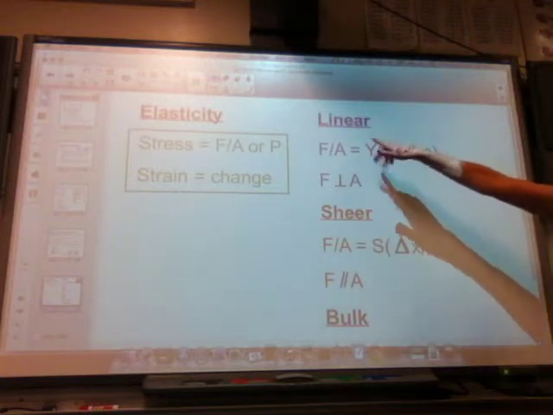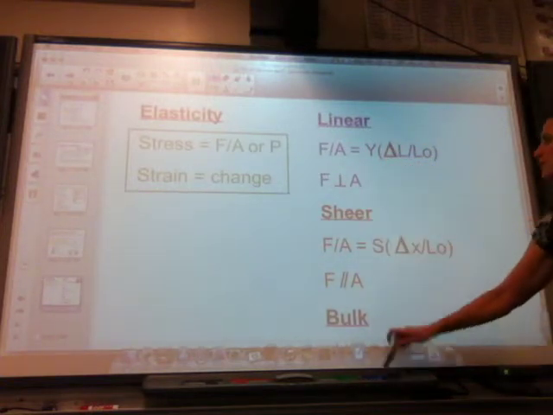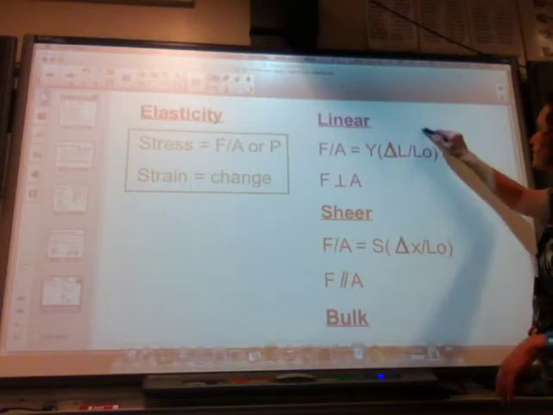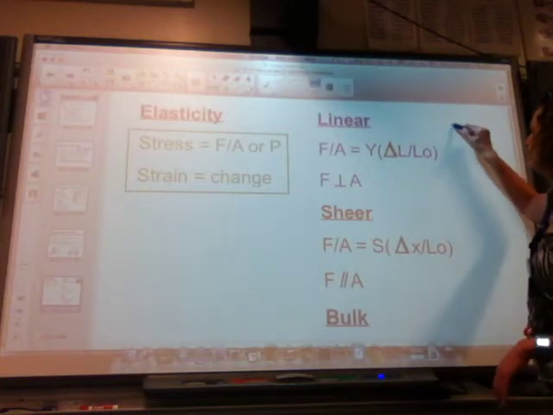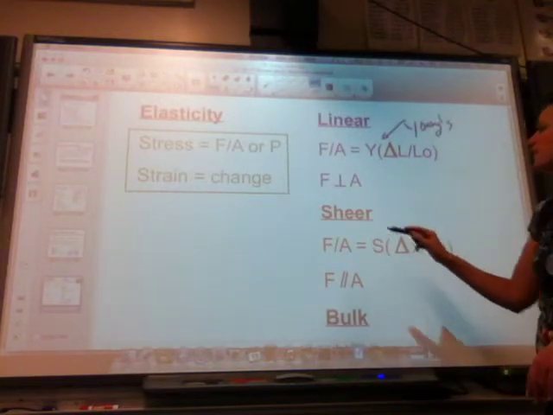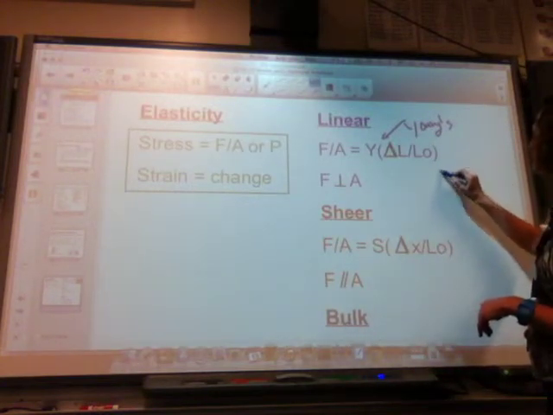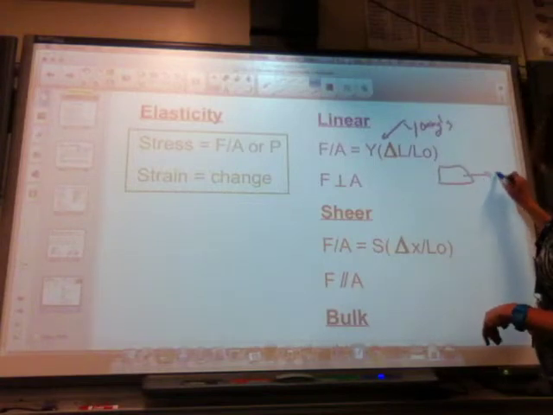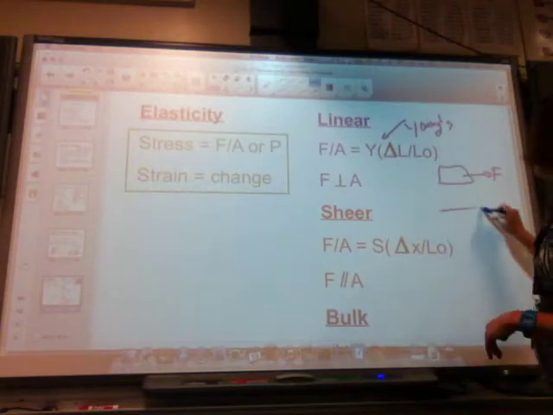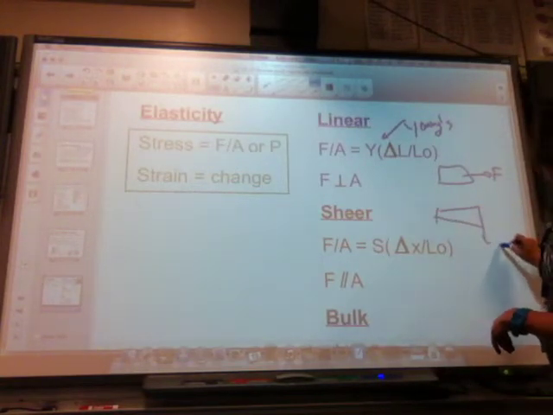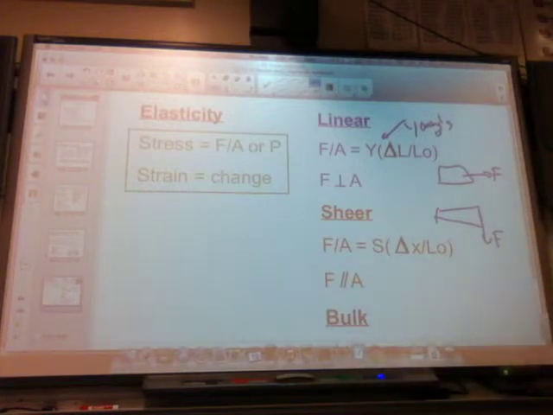For linear deformation, you use Young's modulus. If it's shear, it's parallel to the surface, so with Young's, you're pulling like that, and with shear, you're pulling like that. That's the difference, and this is the shear modulus.